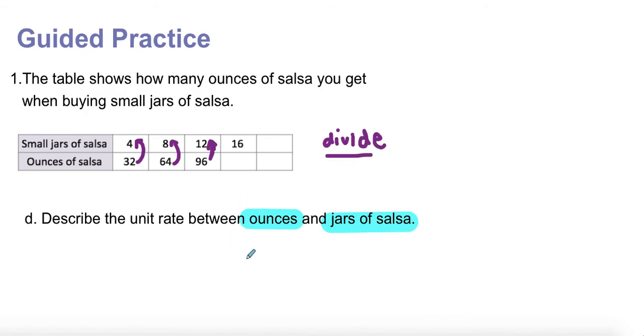And I have figured out that there are 8 ounces in 1 jar of salsa. Another way of saying this is per jar. 8 ounces per jar.